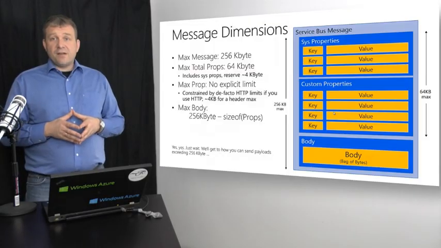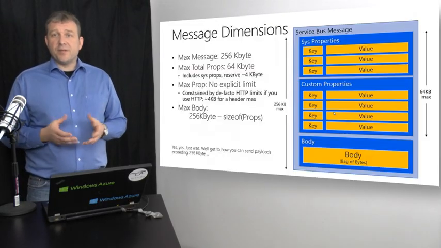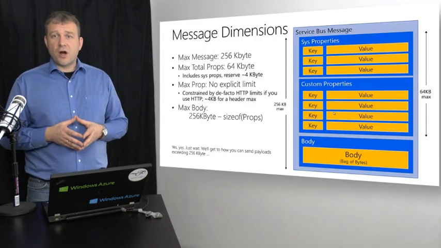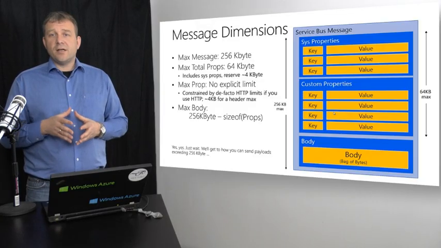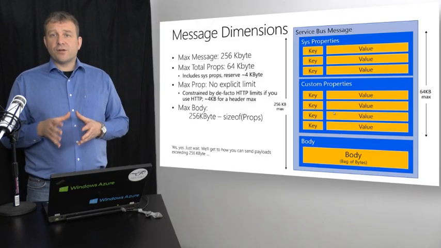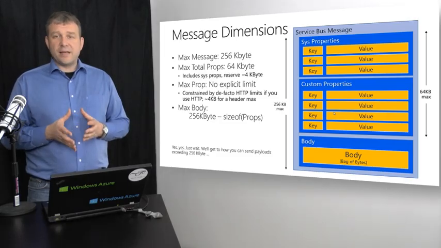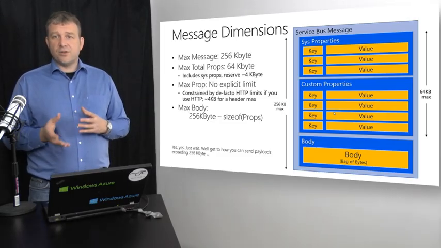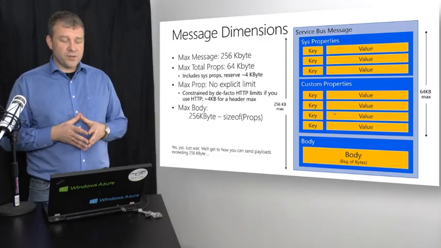The messages have limits as we can accept them. Those limits that I have here apply to the service. In the server, you can actually tune the maximum message size, and you can make this larger if you want to.